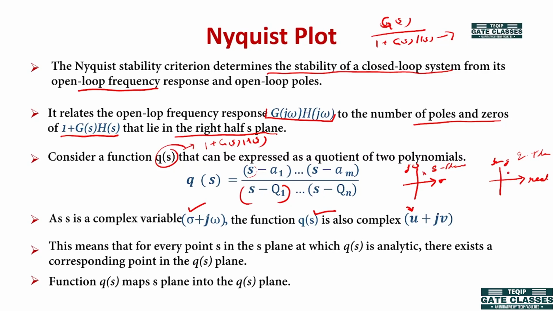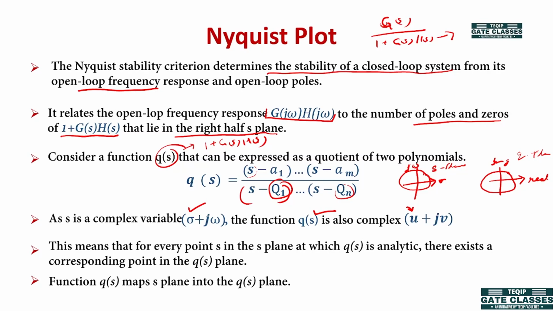Similarly, we can take a different number of values of s, and we will get the corresponding values of Q in the Q plane. But with the condition that s should not coincide with any singular point of Q(s). Singular points mean these poles q1 up to qn. Otherwise, this will become infinity.